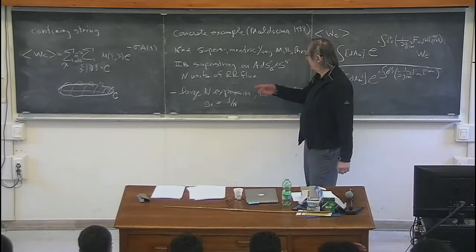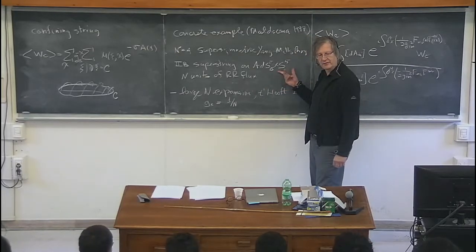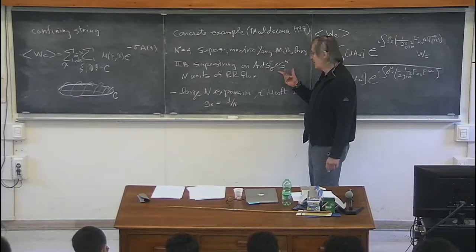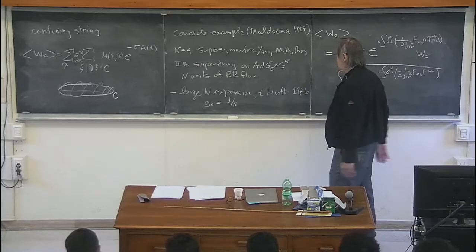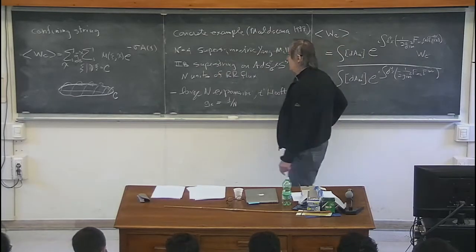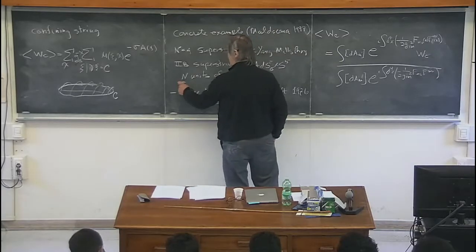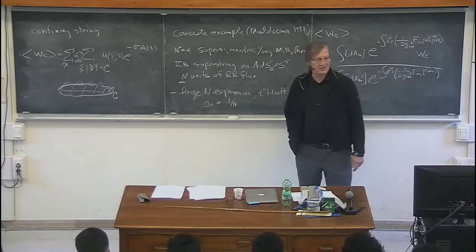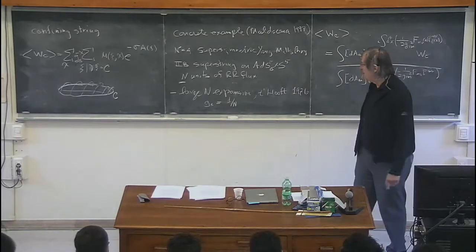And this Ramond-Ramond 4-form flux is emanating out through the 5-sphere. So the integral of the 4-form on a surface that links the 5-sphere gives you this N unit. And this is the N of the SU(N) in the gauge theory, or the U(N).